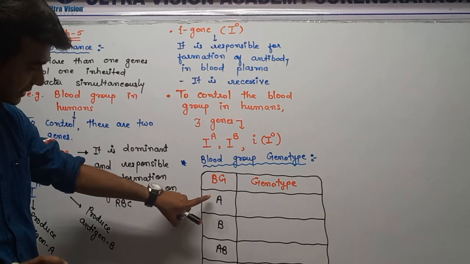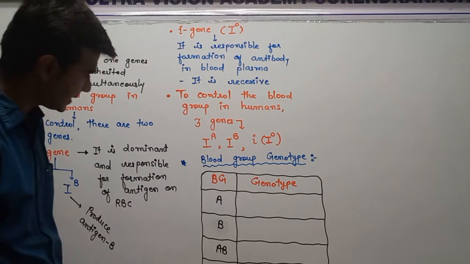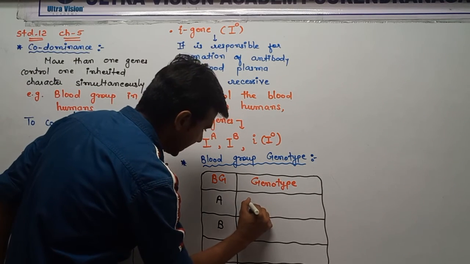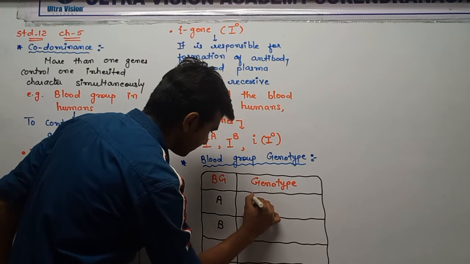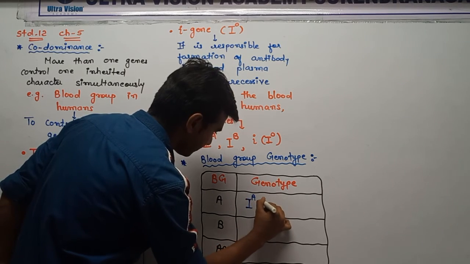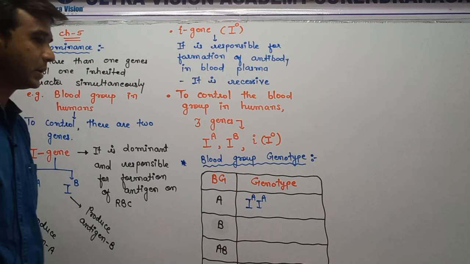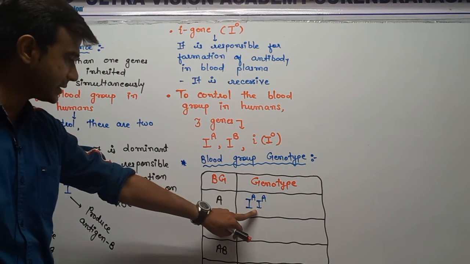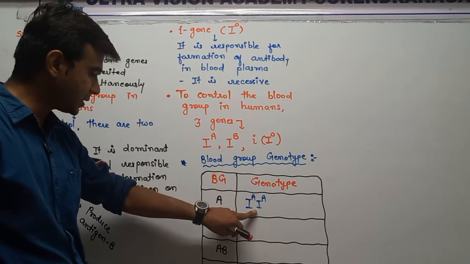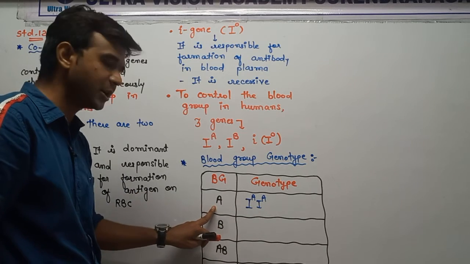If the person has A blood group, we say IA. This genotype indicates that the person is homozygous for A blood group.